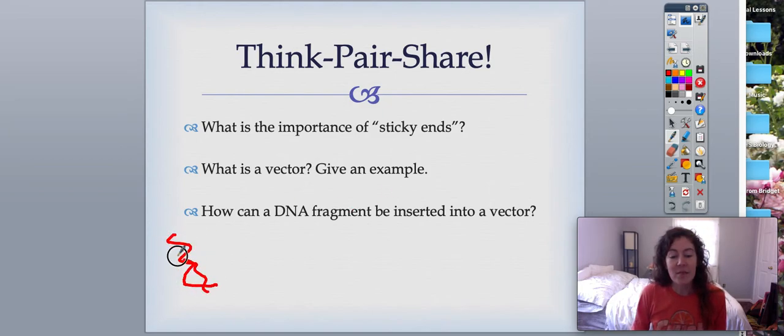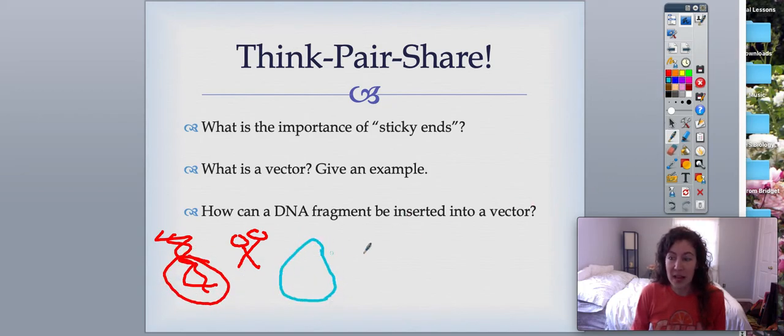Take your DNA, use your restriction enzyme scissors, cut a chunk out. Find a plasmid. Use those scissors to cut the same area out. Then use DNA ligase to glue it in. Now you have, that was supposed to be a star.